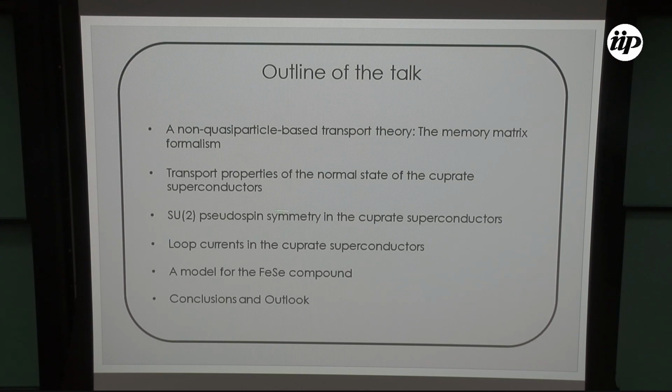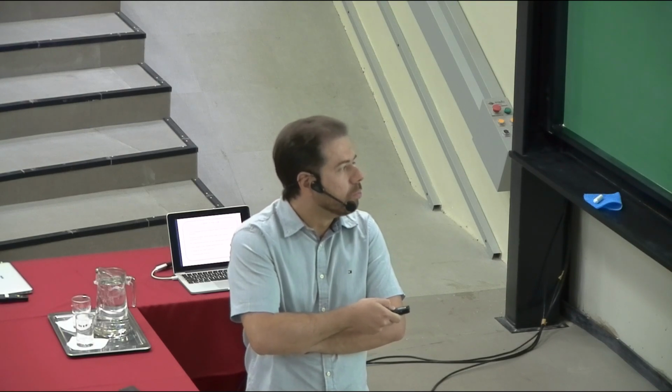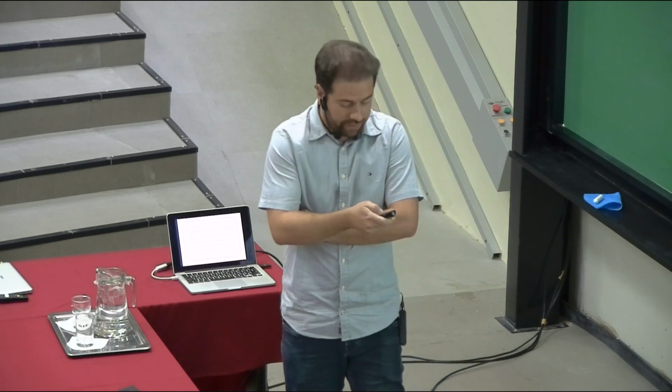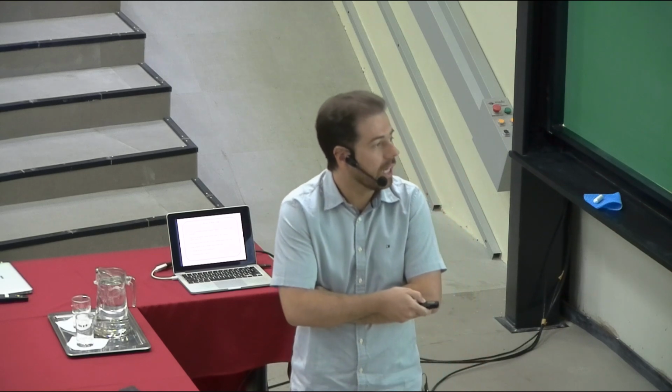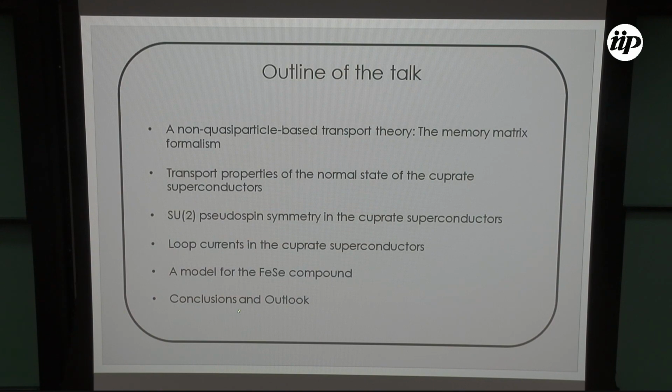Then I'll move on to a theory for the cuprates, this so-called SU(2) pseudo-spin symmetry. And then I will briefly talk about loop currents also in the cuprates. If time permits, I'll talk about a model for the iron selenide compound. And then I will end my talk with the conclusions.